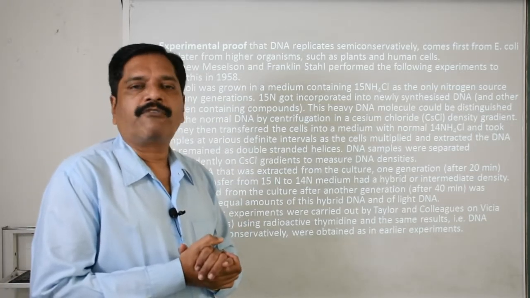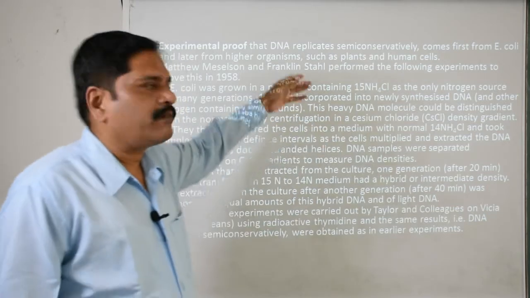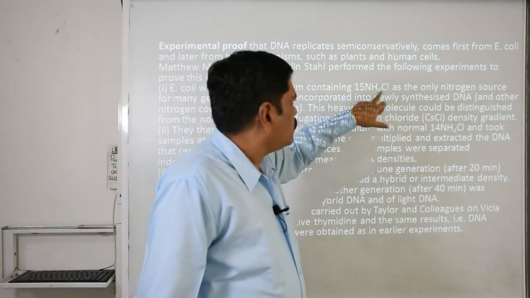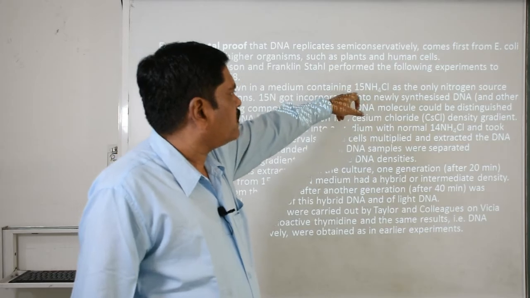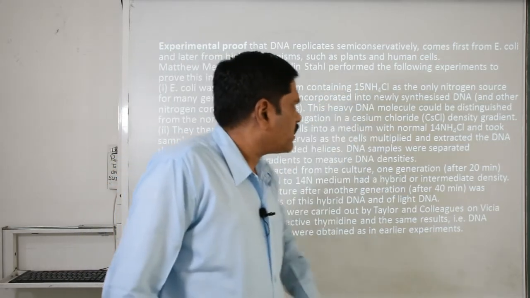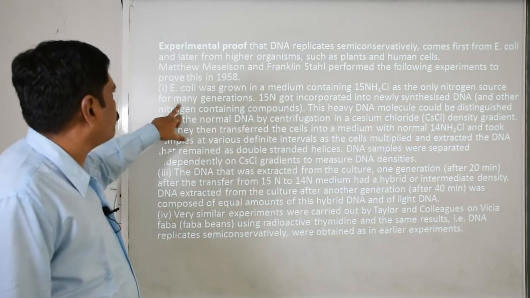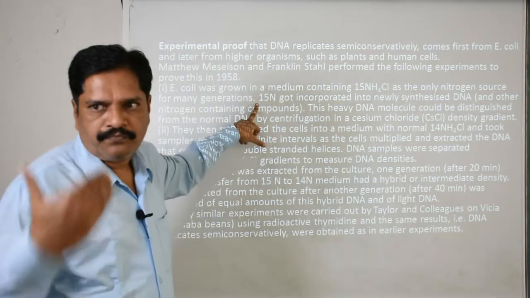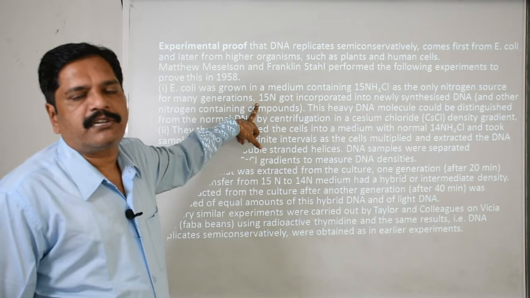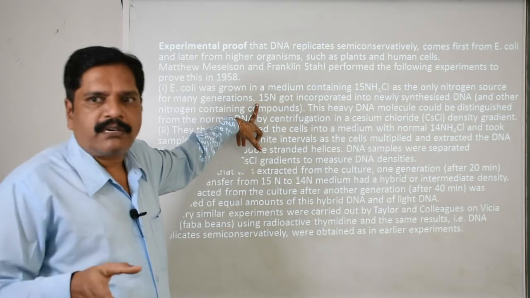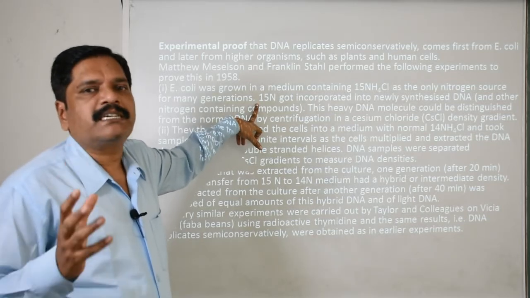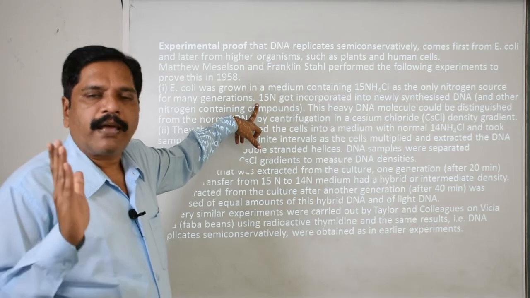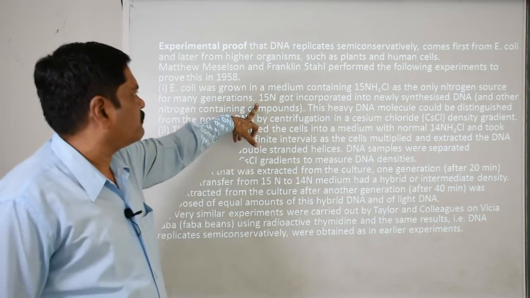You know that N14 is the normal one, so here we are taking N15. This ammonium chloride was the only nitrogen source for many generations, and we allowed the DNA to replicate generation by generation. So whatever nitrogen atoms are present in this DNA will be labeled with the N15 atom.